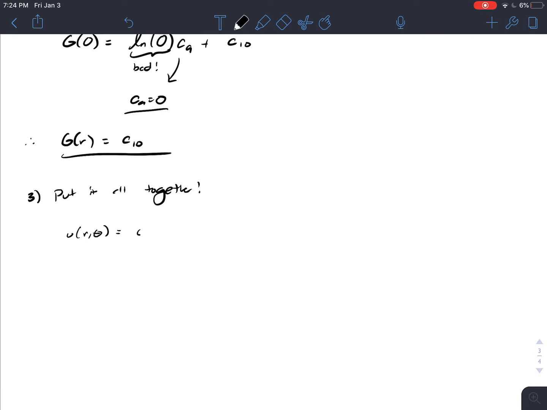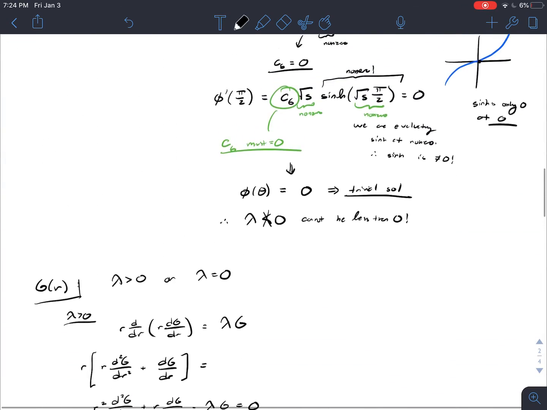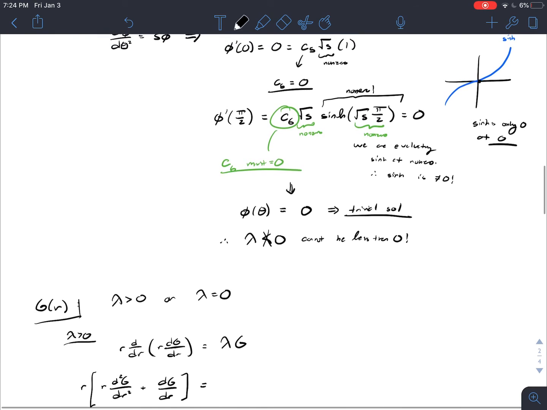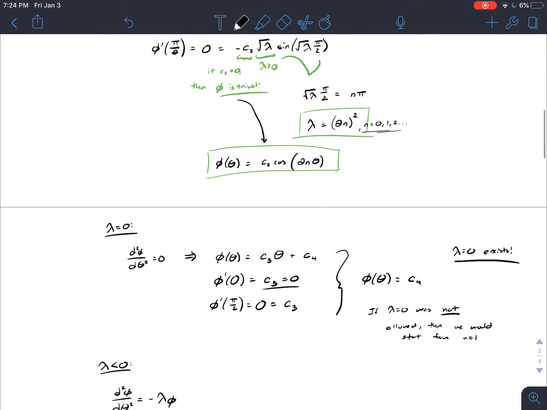Remember that we defined u of r theta to be equal, well, the book defined it as phi of theta times big G of r. So consequently, we're going to multiply everything back together. So for our lambda equals 0 case, let's put that first to make it nice and explicit.